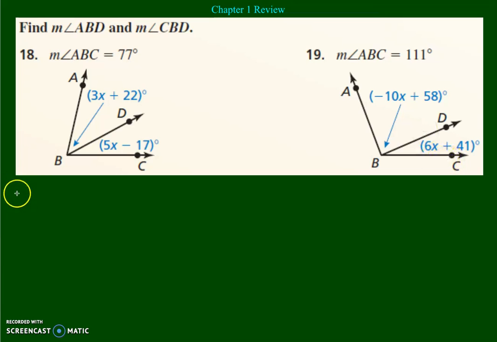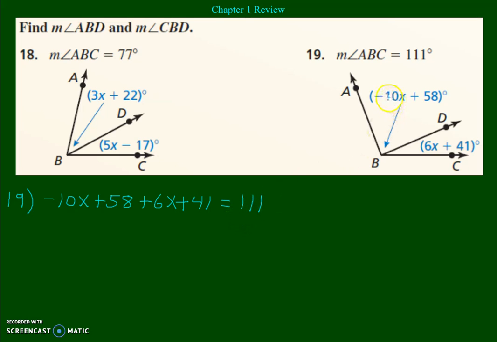So we have negative 10x plus 58 plus 6x plus 41 equals 111.